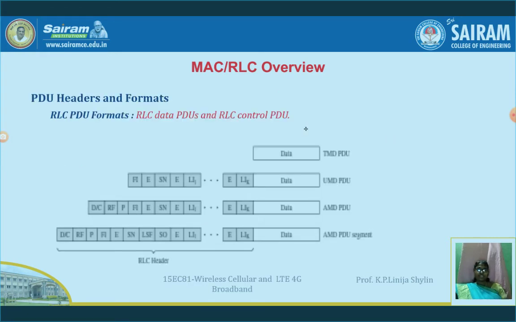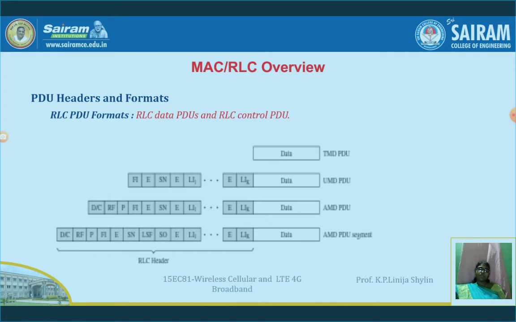Okay, next we will see about LTE. Before going into the protocol data unit headers and formats, we want to know that LTE, that is Long Term Evolution, defines two MAC entities, one in the user equipment and another in the eNodeB.